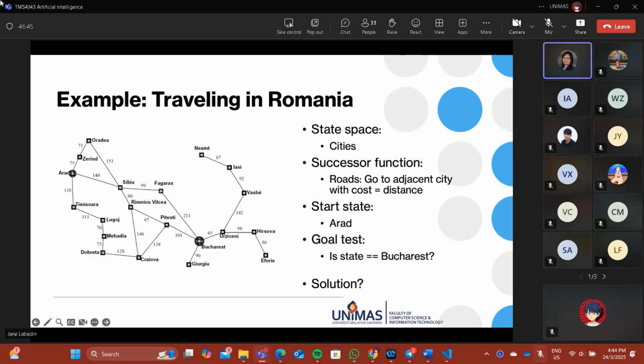For example, Iasi, Vaslui. Why would you want to consider this part, right? Because your goal is here, almost in the middle. But you know that they are all states. So all of these are your world space. But the state space is only a few.